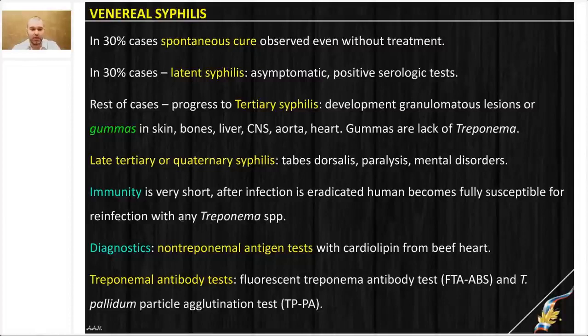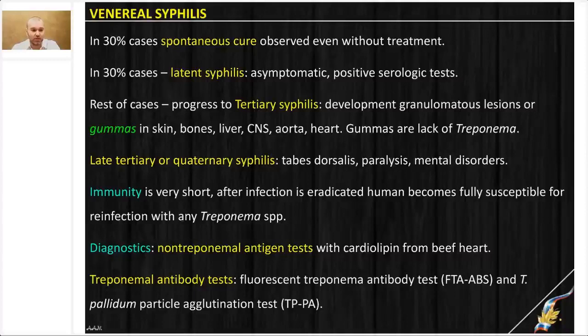In that stage, people are usually not contagious because Treponema is present in very small amounts. It tries to hide in the skin and different tissues, but is easily killed by macrophages. And the abnormal reaction, the formation of granulomas, will be identified in people. The last stage is late tertiary or quaternary syphilis, and in some literature it is identified as a fifth stage.